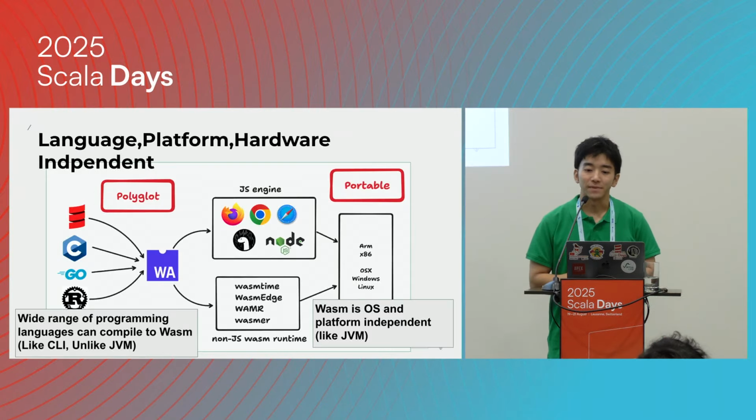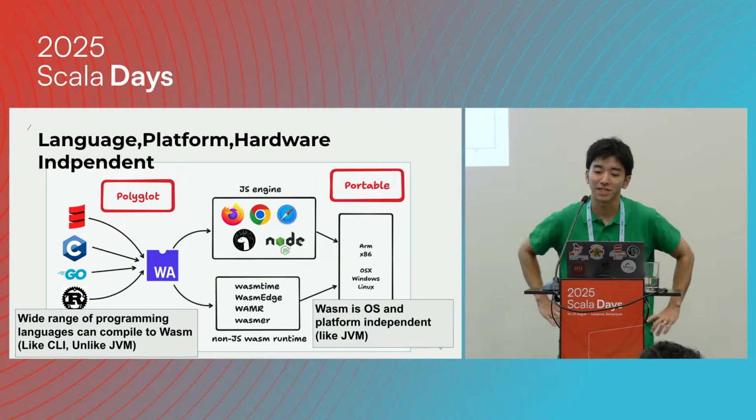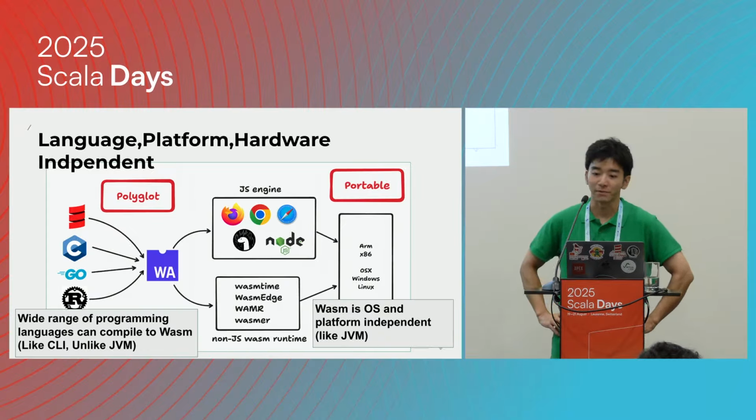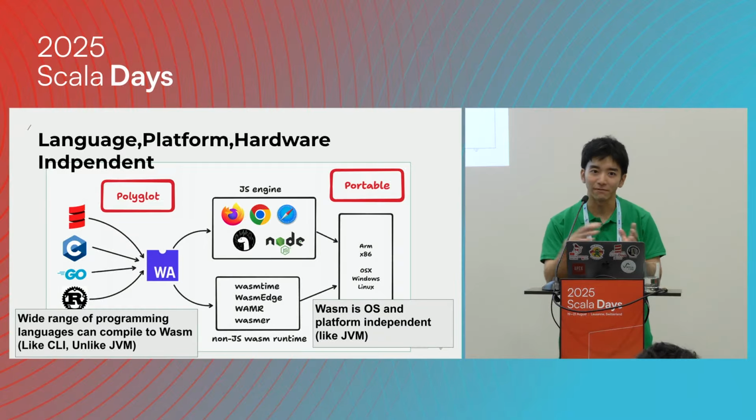So first of all, WASM is language independent and platform and hardware independent. WASM is a very, very simple language by design, and it is not connected to a specific programming language paradigm like object-oriented programming. So this generic language design allows a wide range of programming languages from C or C++ and Rust to Kotlin, Scala, Go to be compiled to WebAssembly.